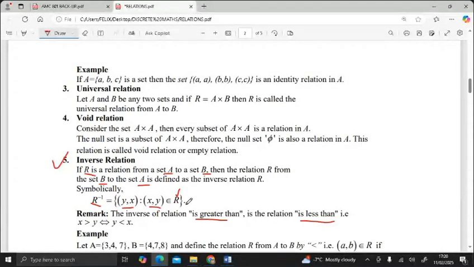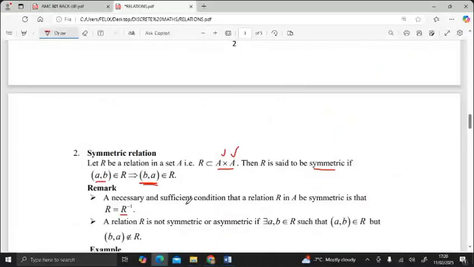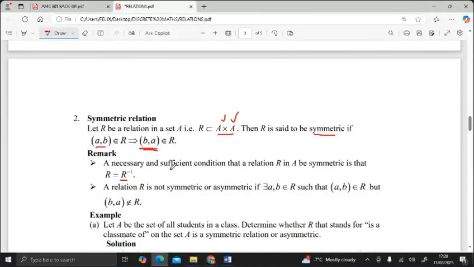If you remember, the inverse relation is y comma x for every x comma y in R. So a necessary and sufficient condition that a relation is symmetric is that R must be equal to R inverse.